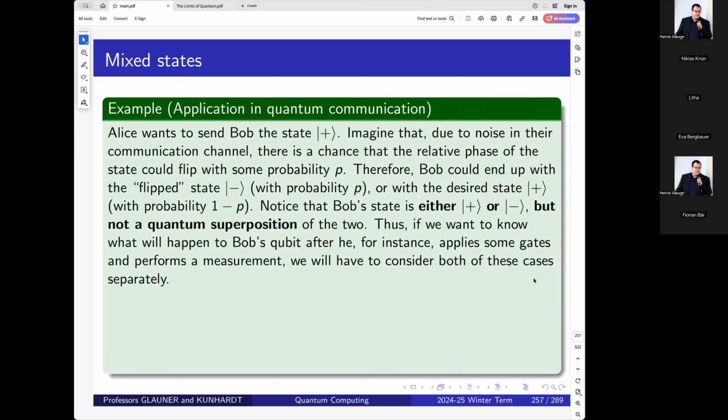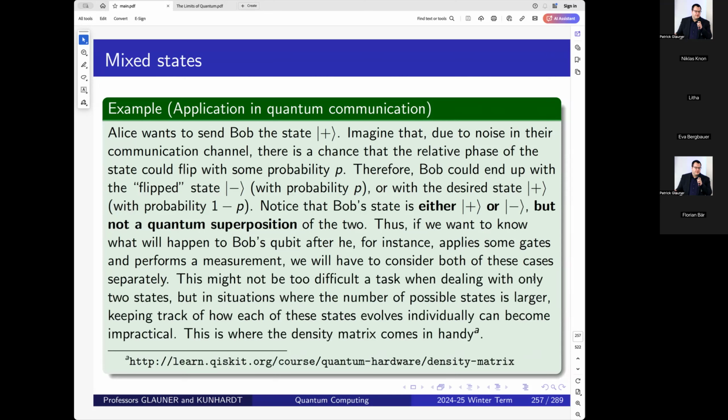And if we want to know what will happen to Bob's qubit after, so Bob receives this, either plus or minus, and he then applies some other gates and performs a measurement, we have to consider both of these cases separately.